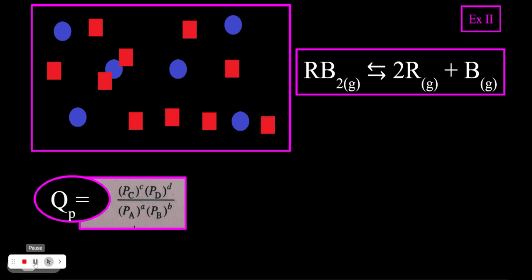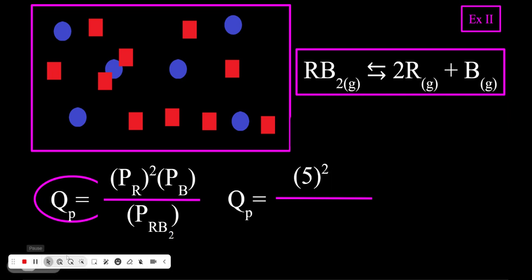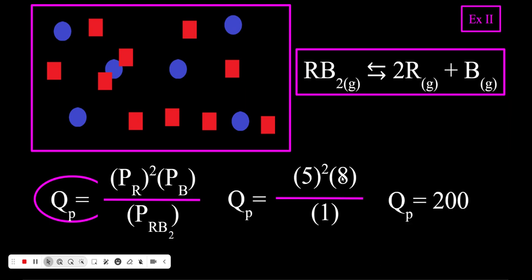So that's 5 squared, 25. How many reds? 1, 2, 3, 4, 5, 6, 7, 8. This should be 8, not 5. Divided by the concentration of the reactants, which is this one, just as 1. So 25 times 8 is 200.